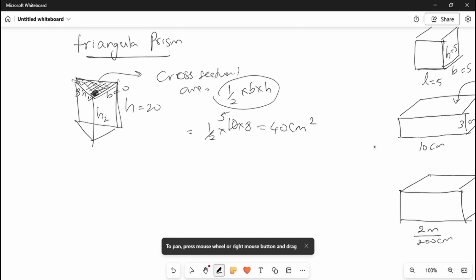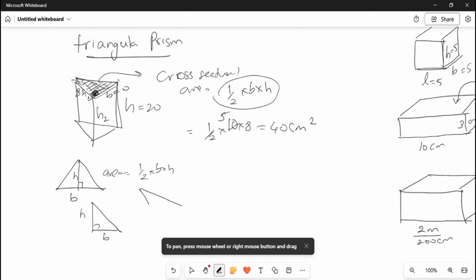You have already studied how to find the area of a triangle. I again remind you, this is the base, this is the height, area is half into base into height. Suppose the triangle is like this, this is the base, this is the height.